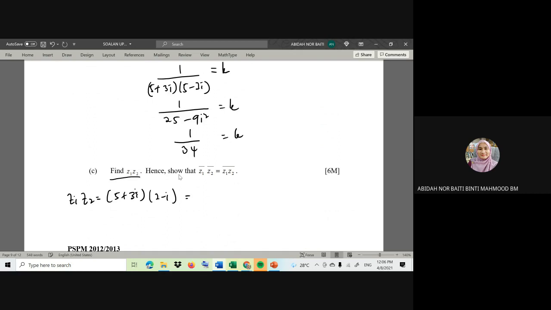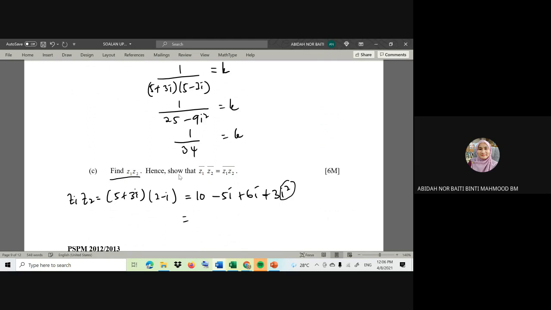And then we expand, ya. Here you have to expand one by one. Okay, sebab ada different term kan. So expand one by one. 10 minus 5i plus 6i minus 3i squared. Okay, now you substitute i squared with negative 1. So negative become positive.